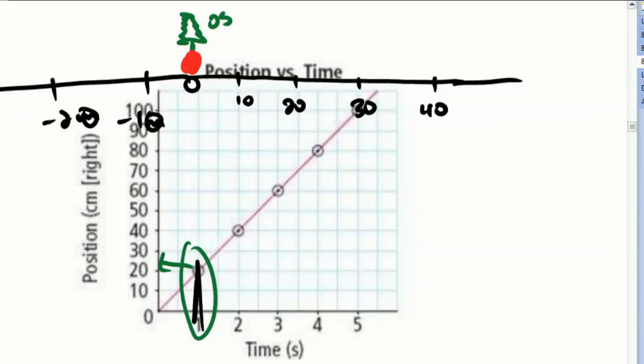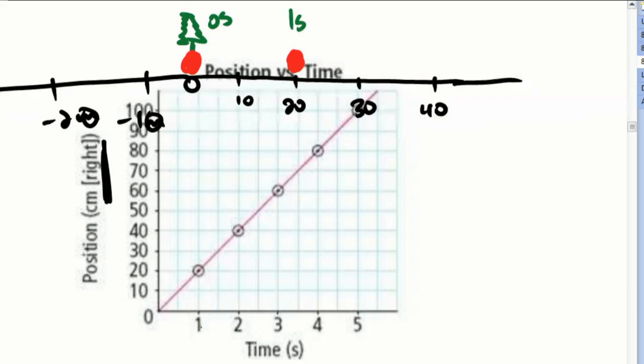So at 1 second, the object is 20 meters, and in this case, it tells us to the right. So my red ball is here, and again, that's at 1 second. It's 20 meters to the right. And then the next one, so my ball rolled to the right a little bit. At 2 seconds, my object is 40 meters to the right.